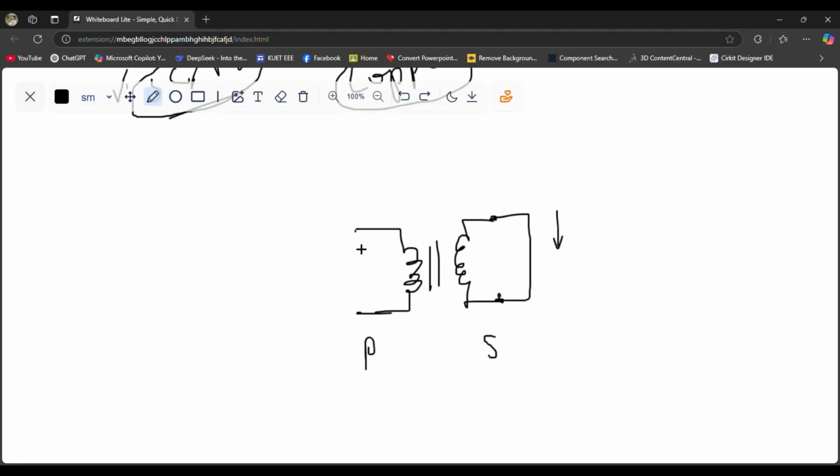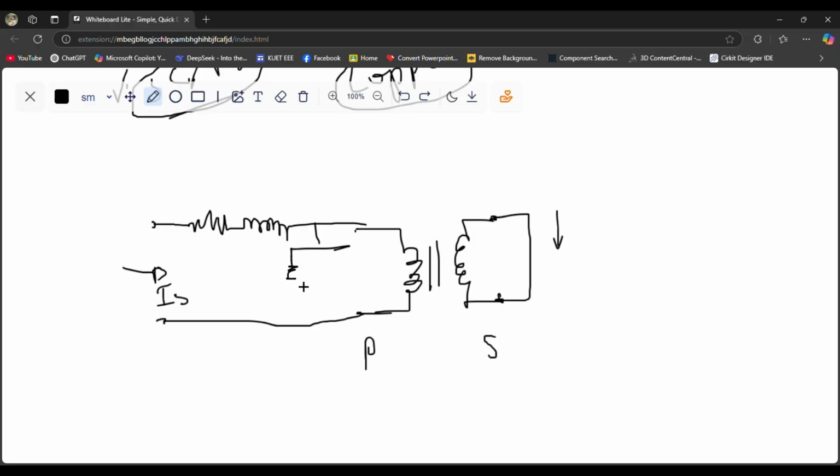Then our target is to provide the current at its rated value in the primary side, and then we will be able to make the experiment. Let's say we give these ratings to these components, like this and this.